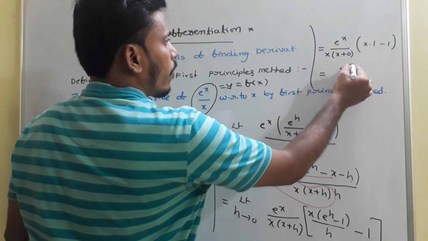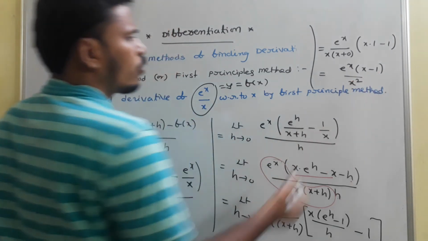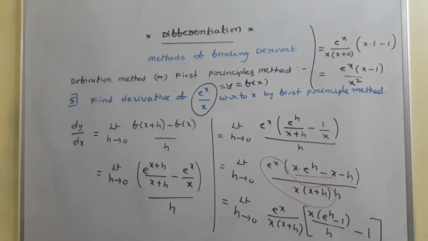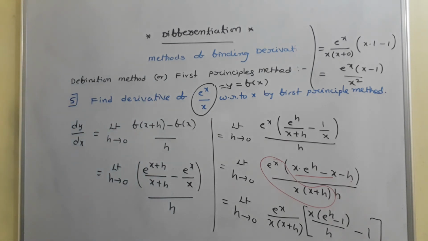That implies e power x into (x minus 1) by x square. So finally the derivative of e power x by x with respect to x by the first principles method is given by (x minus 1) into e power x by x square.